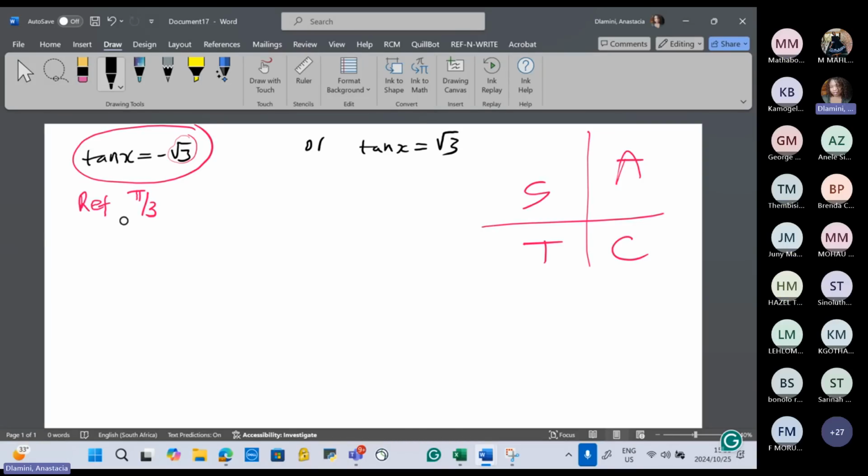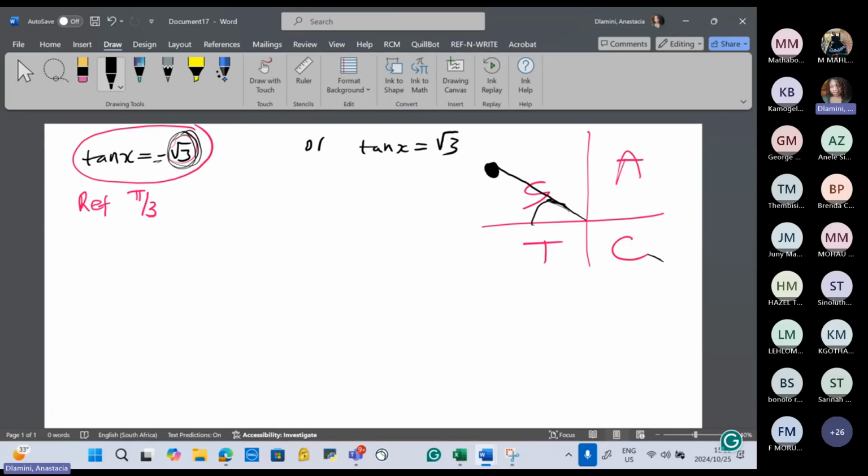So now we take the arctan of this one only, and we see that the reference angle is π/3. Then we say, where is tan negative? Because you see there's a negative sign. We know tan is negative here as well as there. If we draw a line like this, what will be our reference angle?